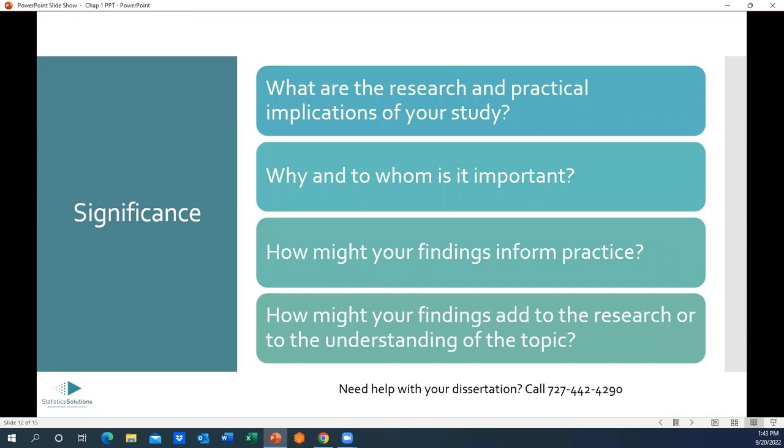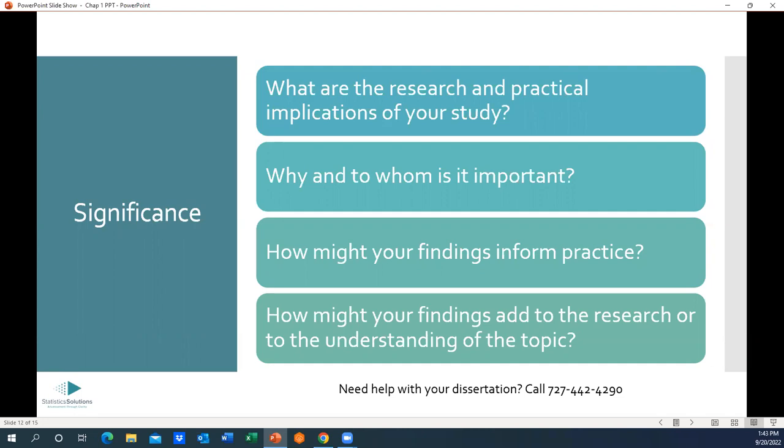So you're kind of forecasting. You're not sure what results you're going to get and how they're going to be significant to research or to practice, but you should have a good idea. Not necessarily what you're going to get, but how your information might be valuable. When you're talking about contributions to research and theory, how might your findings contribute to the literature?